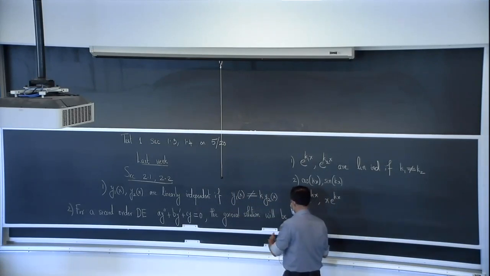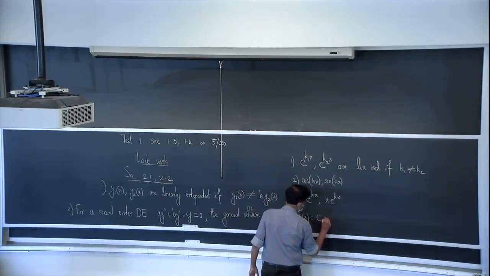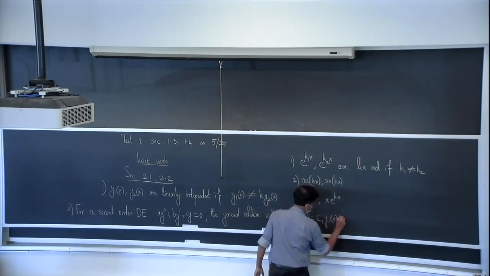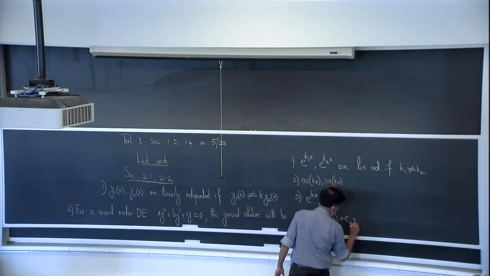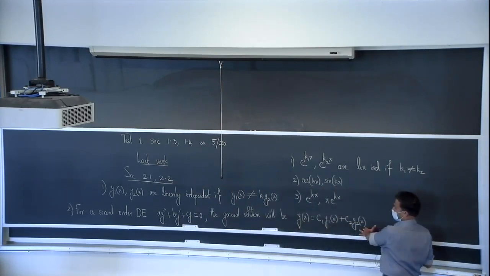So the general solution would be y of x equal to c1 times y1 of x plus c2 times y2 of x, where y1 and y2 are linearly independent.